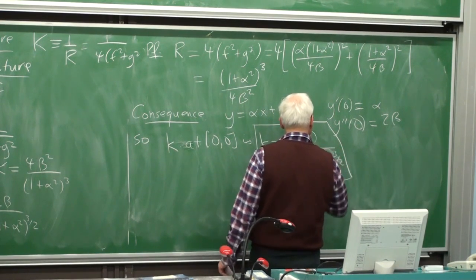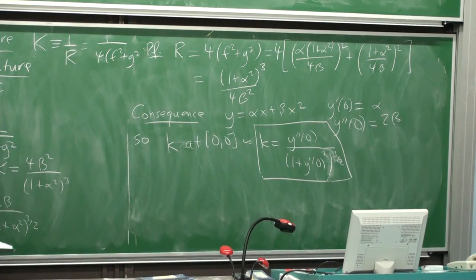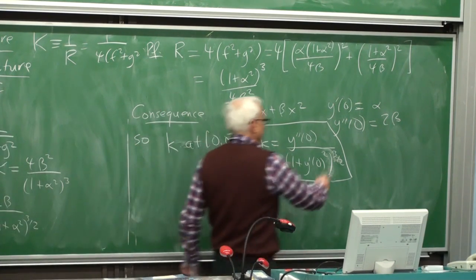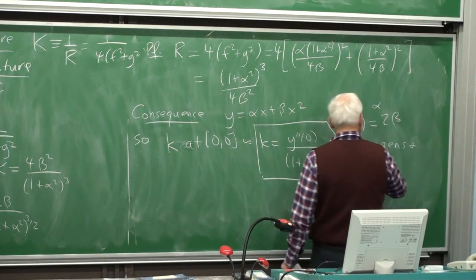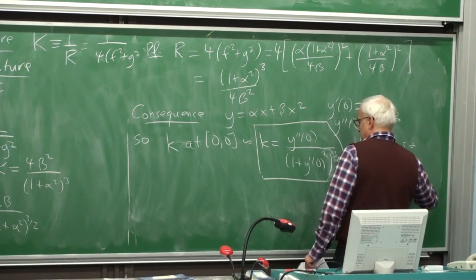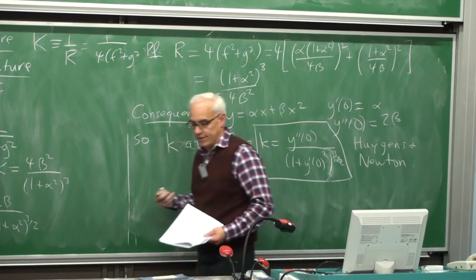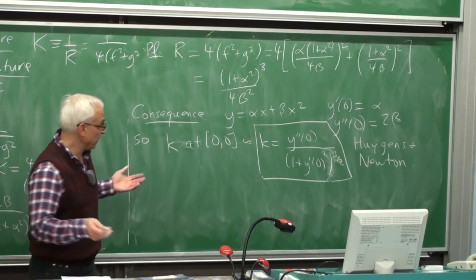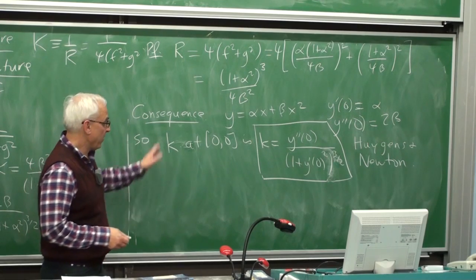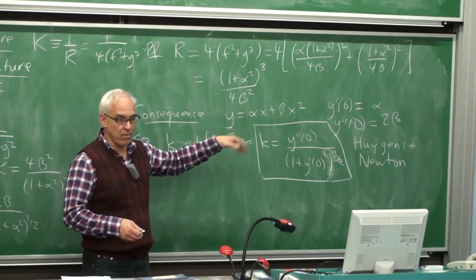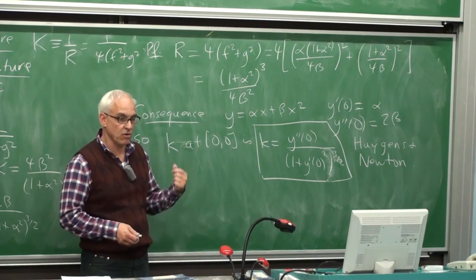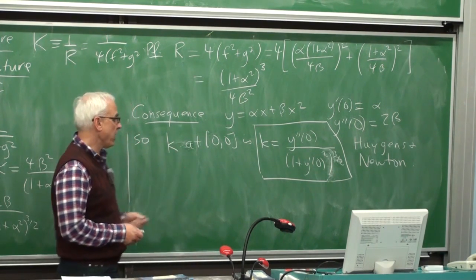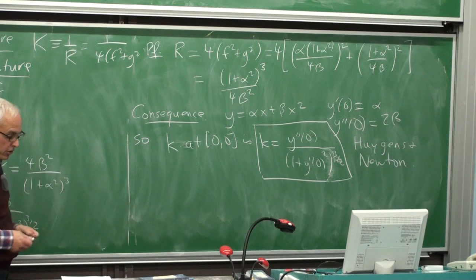Thanks very much, yes. All right, so that's a classical formula going back to Huygens and Newton. That allows us to calculate the curvature of any function if we have its Taylor coefficients, because the higher degree terms, not just for a parabola, the higher degree terms, x cubed, x to the 4th, and so on, they just don't matter. It's only the linear and quadratic terms that determine the curvature.